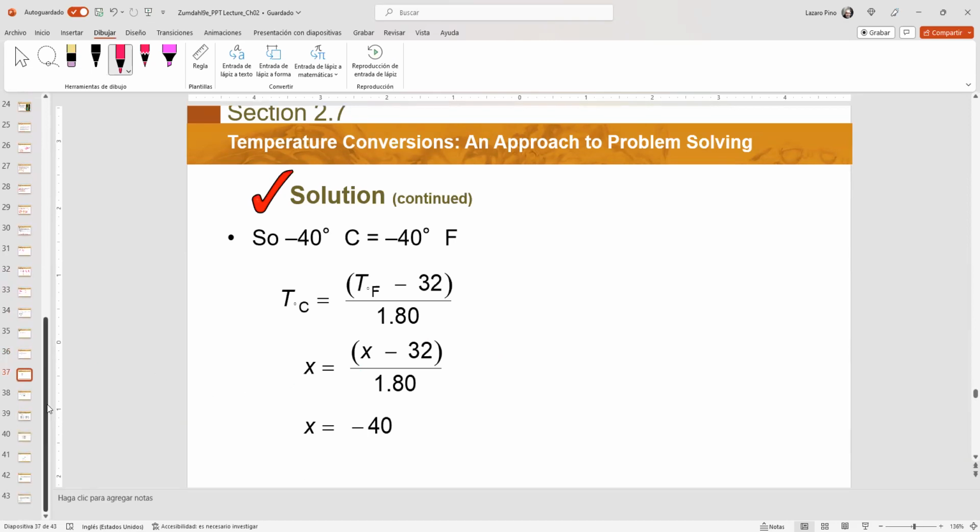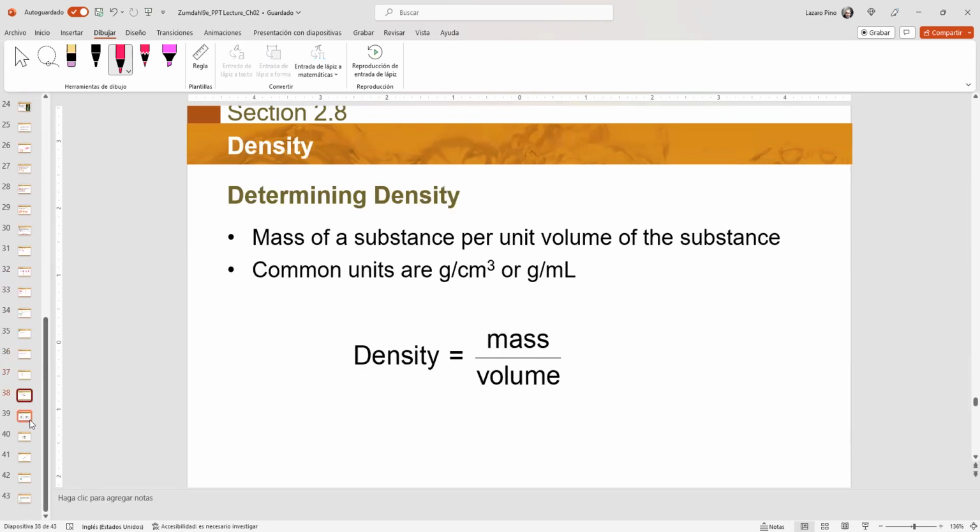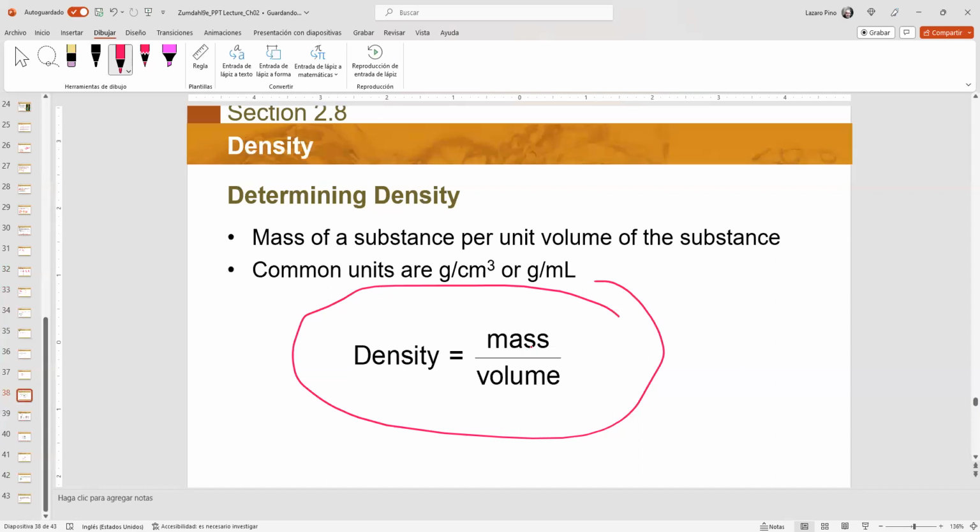This is the presentation that I sent you, and I want to stop here. Density. Density is the relationship between mass and volume. Density is characteristic of every type of substance.